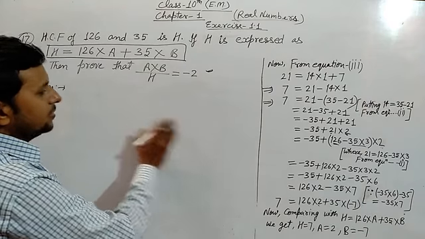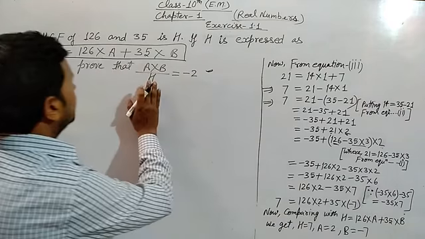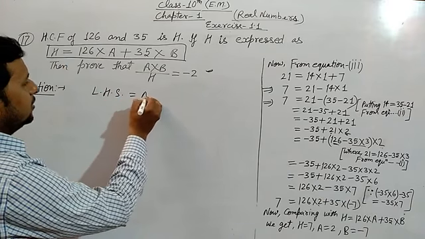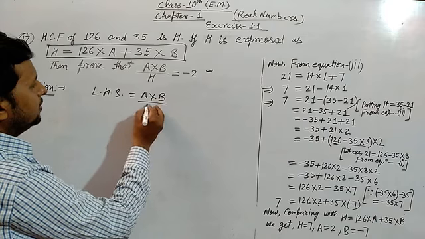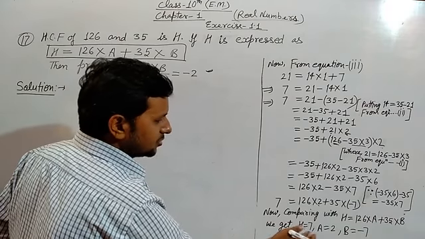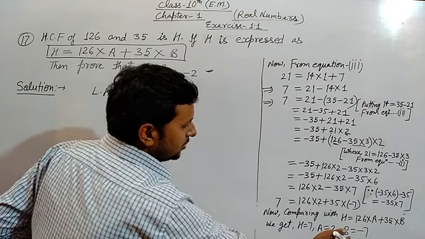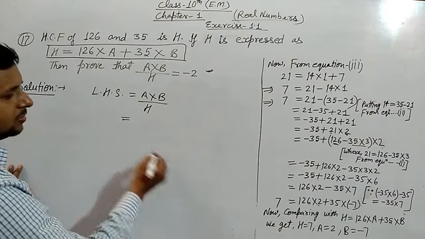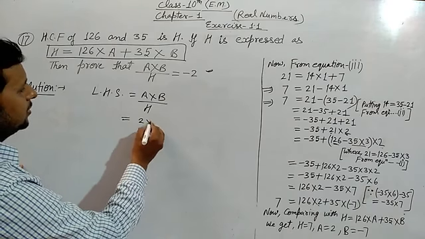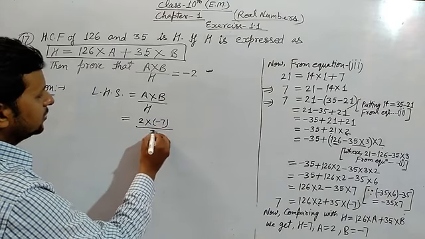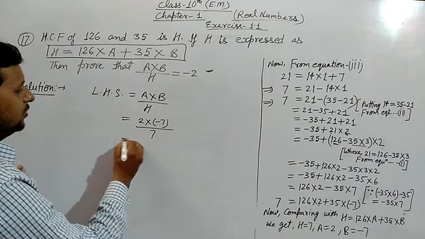Given that the left hand side, LHS, is a into b upon capital H, and we have a equal to 2, b equal to minus 7 and h equal to 7. Now we can solve.